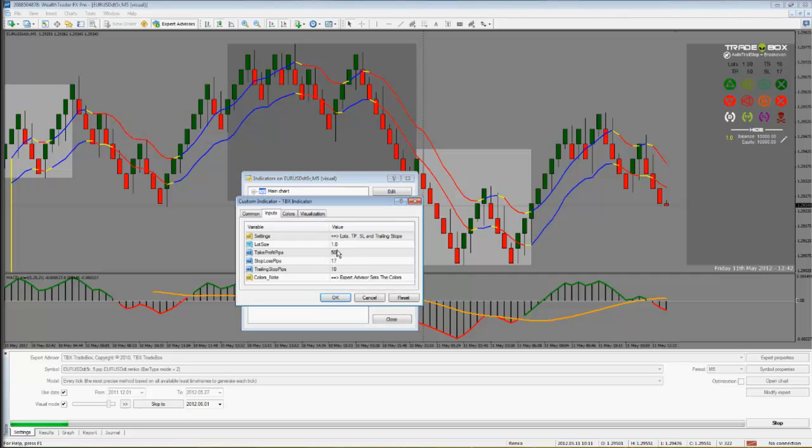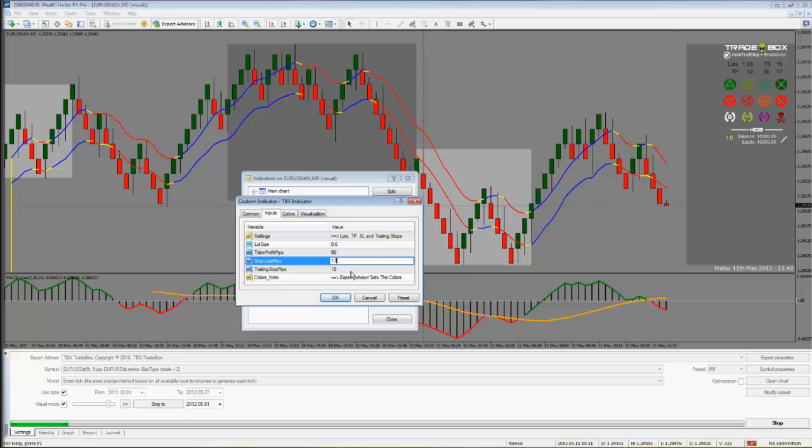$10,000 account. I normally risk 0.5% to 1%. And I've already got the factor set in here on a 17 pip. If we go 1%, 17 pips, good. That'll be about 0.6.